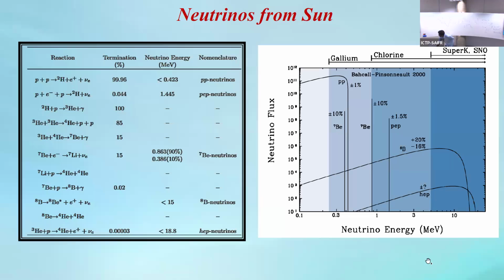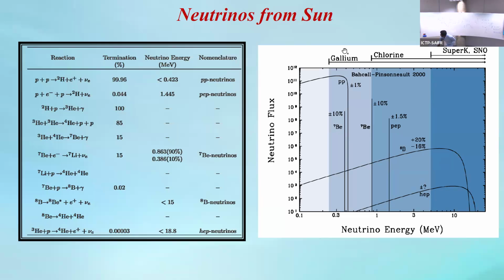If you see the neutrino energy, different processes produce different neutrino energy ranges. The pp neutrino energy is much smaller. And different experiments were targeting different energy ranges. The chlorine experiment's sensitivity was above 1 MeV, and you can see up to 10 MeV, mostly you can detect the solar neutrinos.